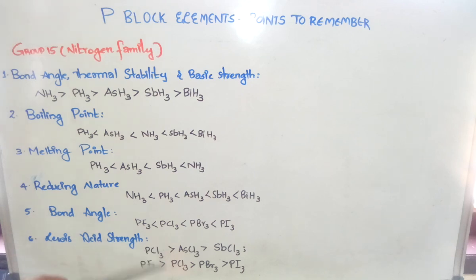Here also we have two types of comparison: one within the family, and the next within the halides of phosphorus. The Lewis acid strength is the greatest for phosphorus and the least for antimony, and among the halides, fluoride will have the highest acid strength.